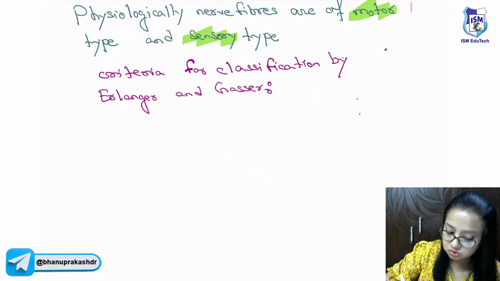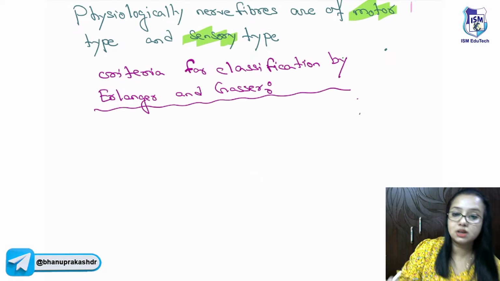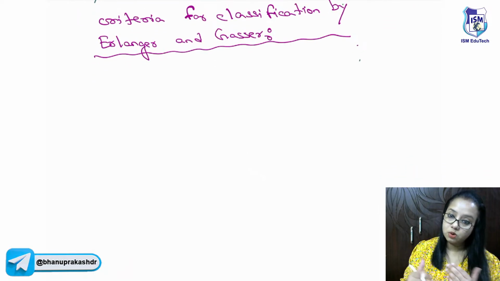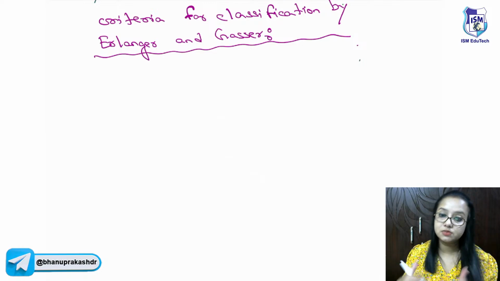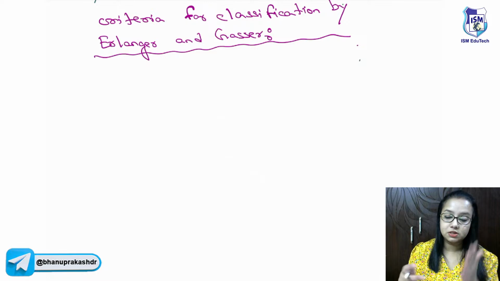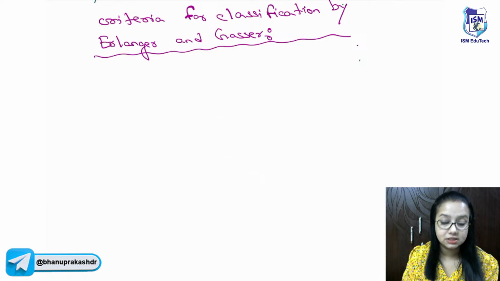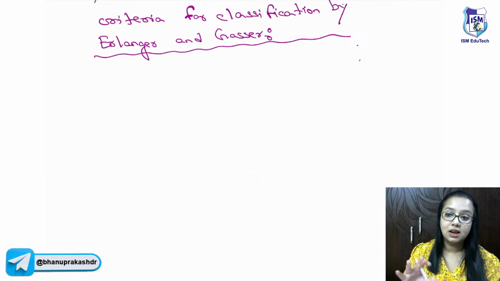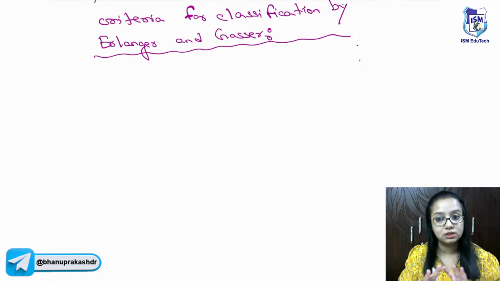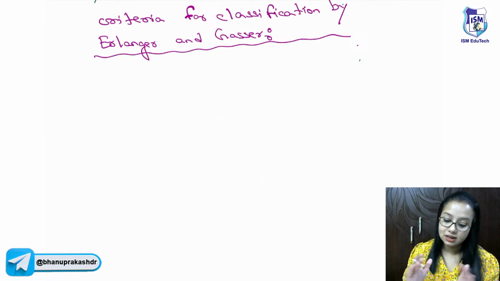So they took a bunch of nerve fibers which were both motor and sensory in function, like the nerve fibers supplying the muscle spindles, and also the nerve fibers sensing pressure, pain, change in temperature, crude touch, soft touch, all those nerve fibers. They took them together and classified them.